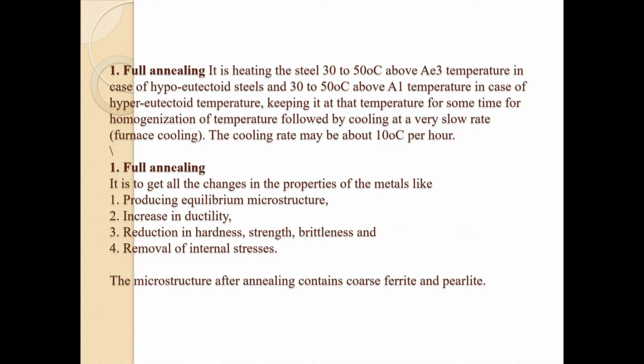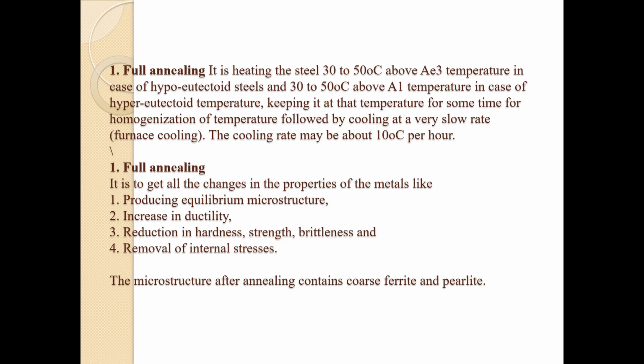Full annealing is a process where steel is heated to 30 to 50 degrees Celsius above the AE3 temperature in case of hypoeutectoid steel, and 30 to 50 degrees Celsius above the A1 temperature in case of hypereutectoid steel, kept at that temperature for some time for homogenization, followed by cooling at a very slow rate.